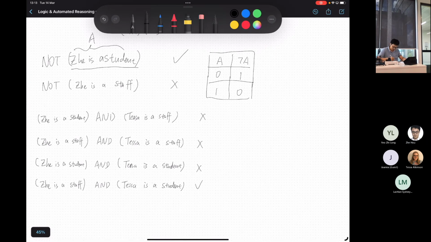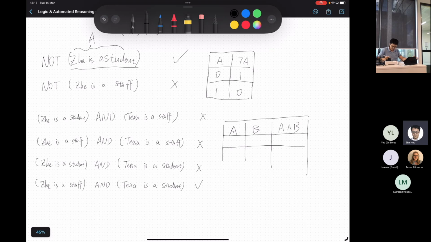The way we draw a truth table, we'll need a few more columns. We need the left part, we need the right part, and we need A and B. So first case, if A is false and B is false, A and B is false. If A is false and B is true, A and B is still false.